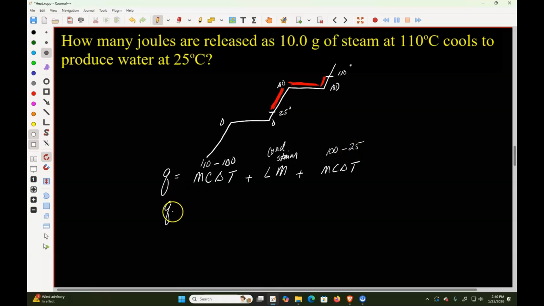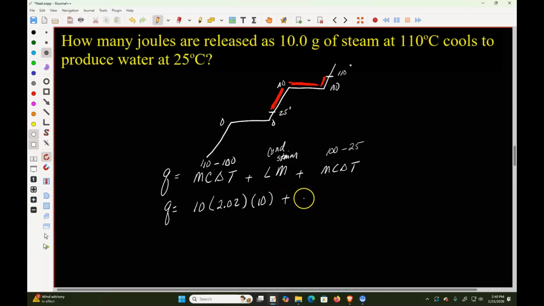So Q equals 10 times the specific heat of steam, which is 2.02. It's going to go from 110 to 100, so it's a change in temperature of 10.